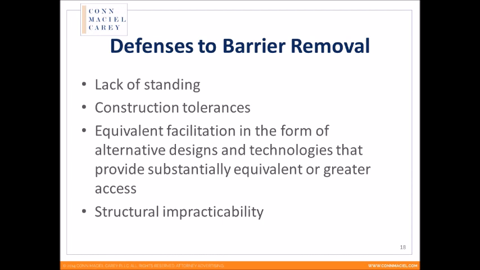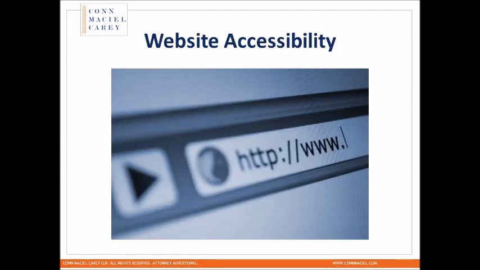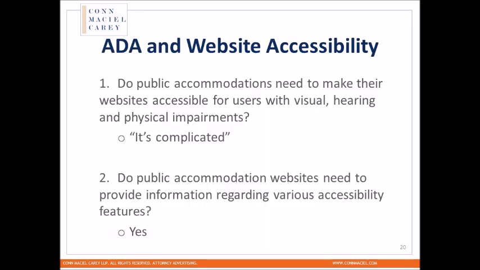So with that, I'm going to turn the rest of the presentation to talk about website accessibility, because as I mentioned in the very beginning, and Andrew will agree, a large majority of our cases and litigation that we're finding now, and even just questions from our clients, will relate to website accessibility and the Americans with Disabilities Act. And these questions come down really to two main questions.